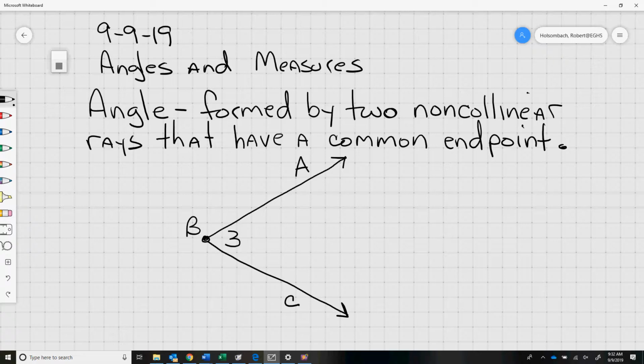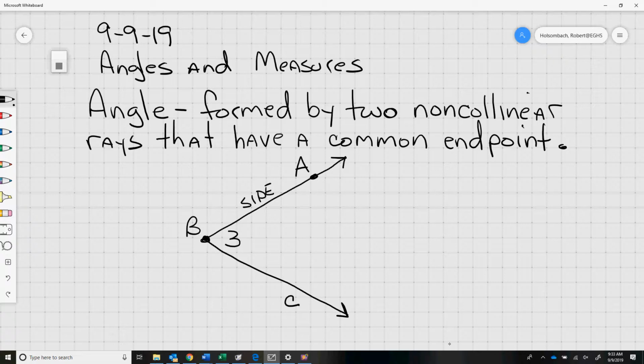Alright, this angle has two sides and a vertex. Ray BA, the ray that starts at B and goes through point A, is a side of the angle.